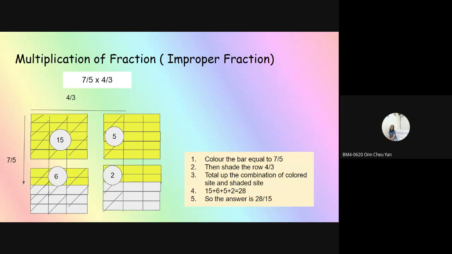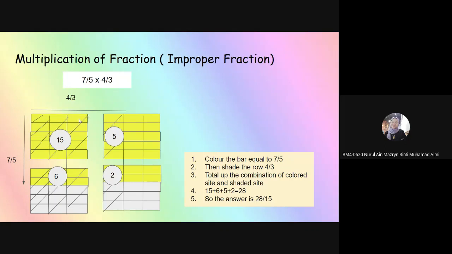Alright, the next one is multiplication of a fraction with an improper fraction. Okay, first of all, we need to draw the bar. As we can see in this one, we color 7 out of 5.